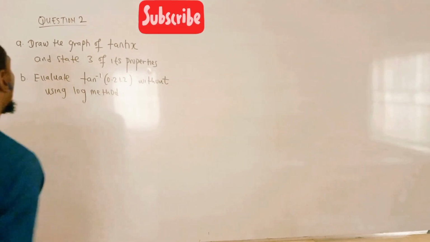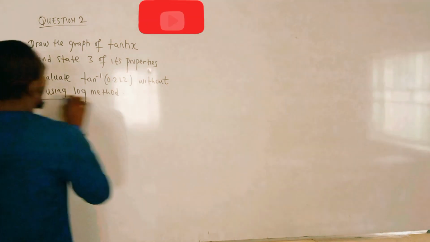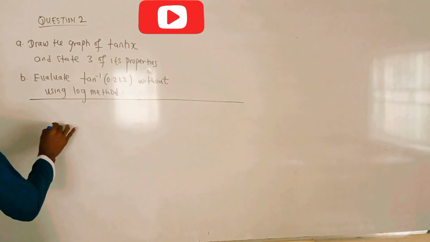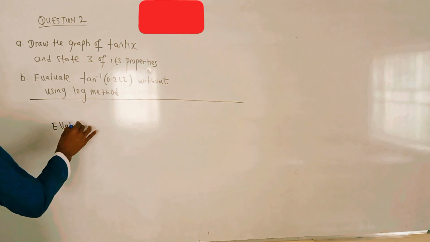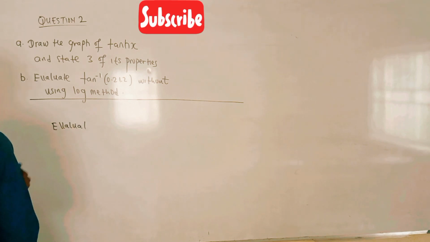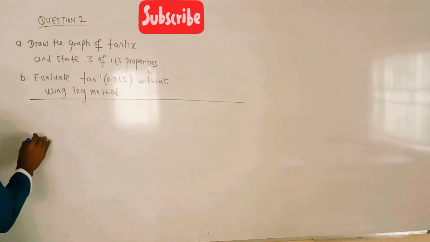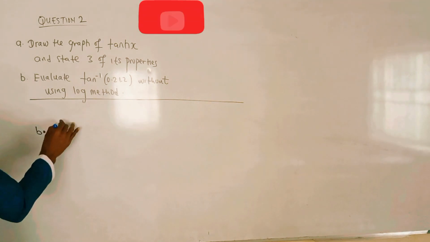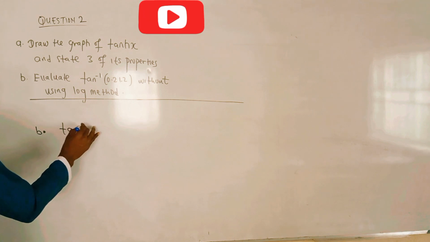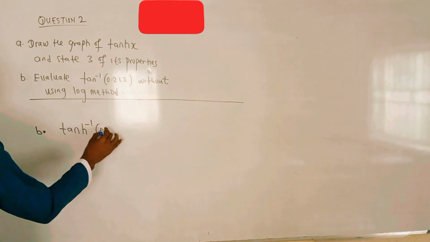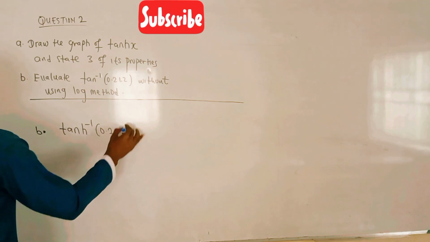The B part of the question, we have evaluate. Okay, we have a question there already. So we have the B part of the question. We are looking for tanh inverse of 0.212.